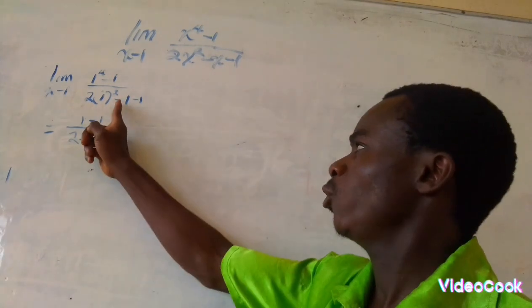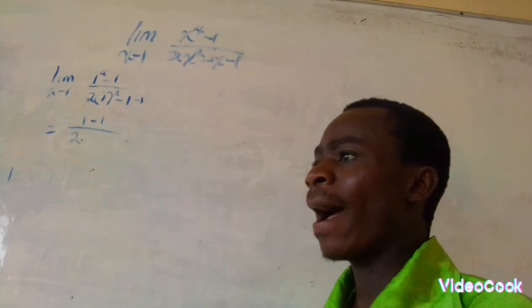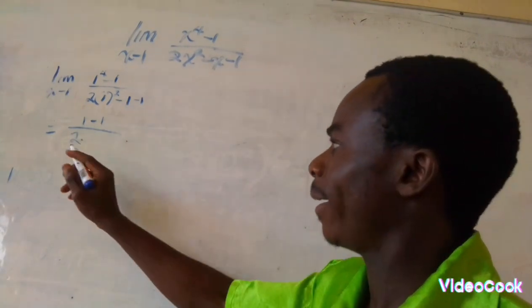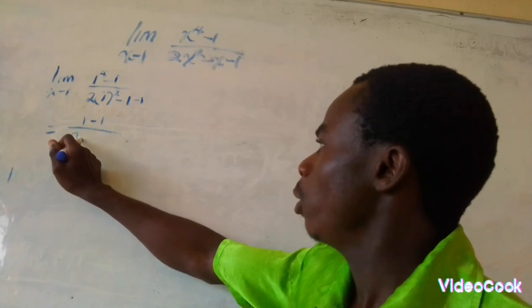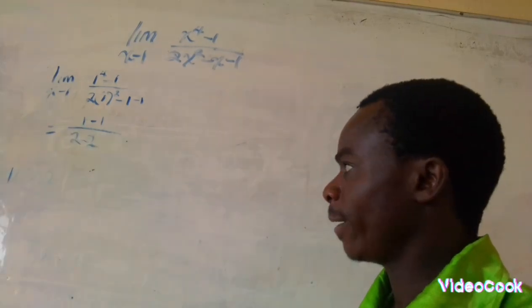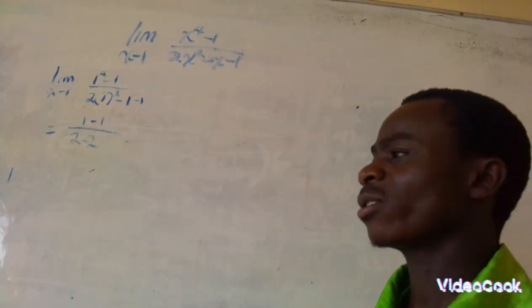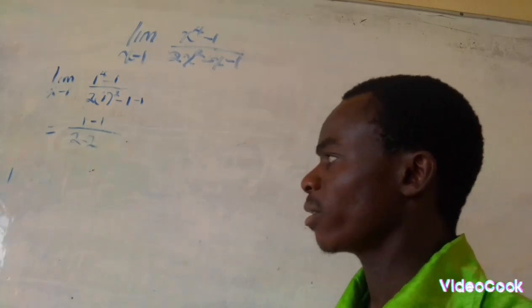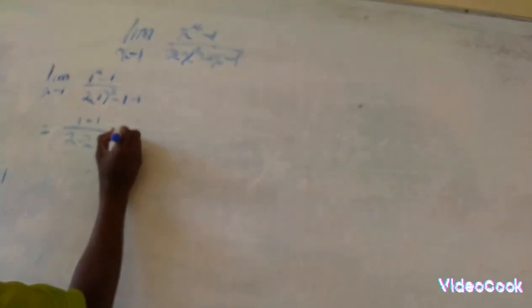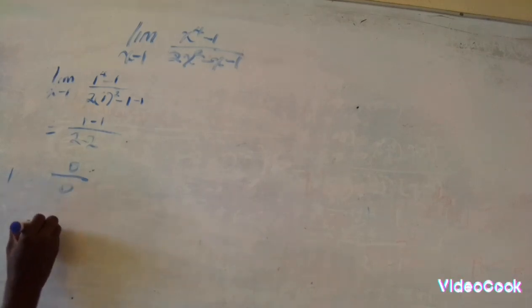So we have minus 2. Negative 2 plus 2 gives us 0, and 1 minus 1 gives us 0. So we have 0 over 0.